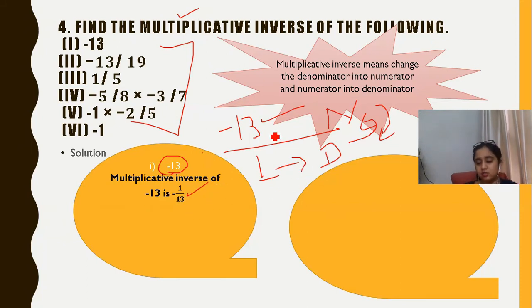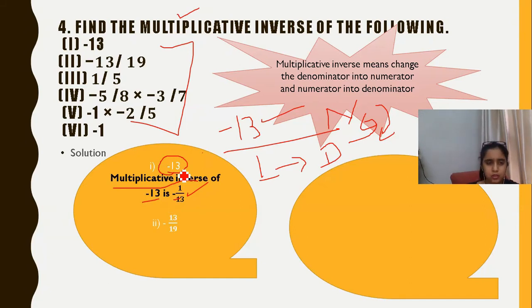I have just shifted the value of the numerator to the denominator and the denominator to the numerator, but the minus sign will remain the same. This minus sign will never change in the multiplicative inverse. We have just changed the numerator to the denominator and the denominator to the numerator.